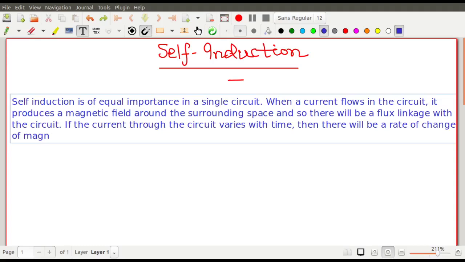Then there will be a rate of change of magnetic flux in it, which gives rise to an induced EMF.